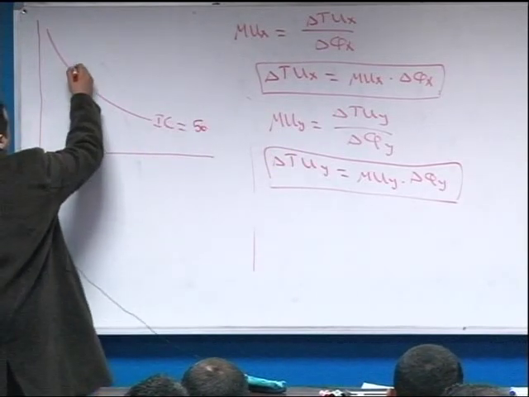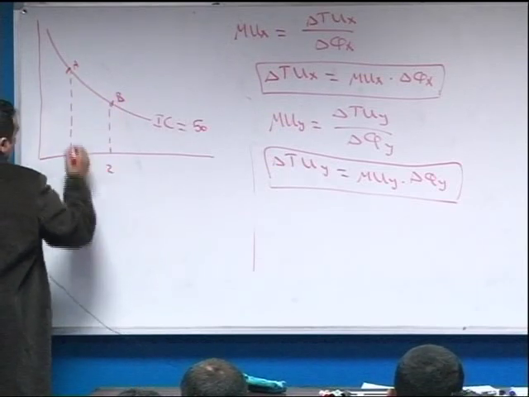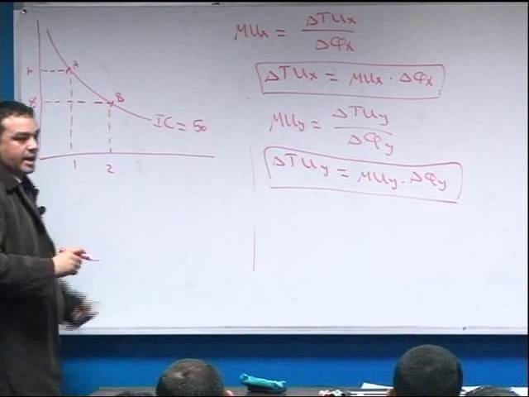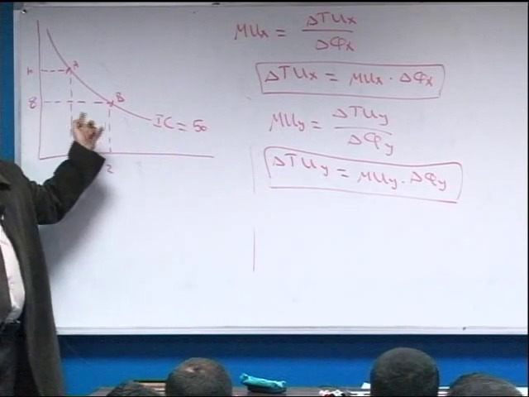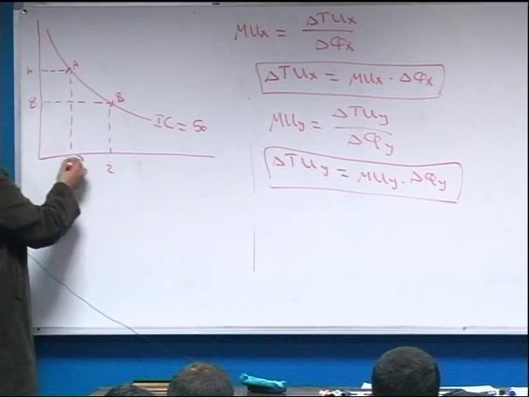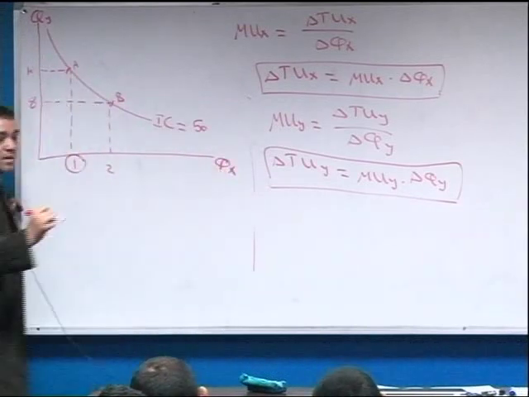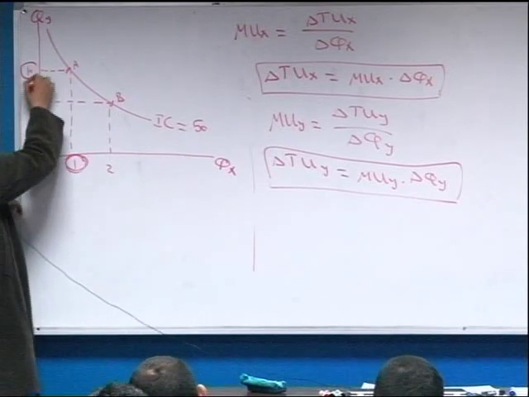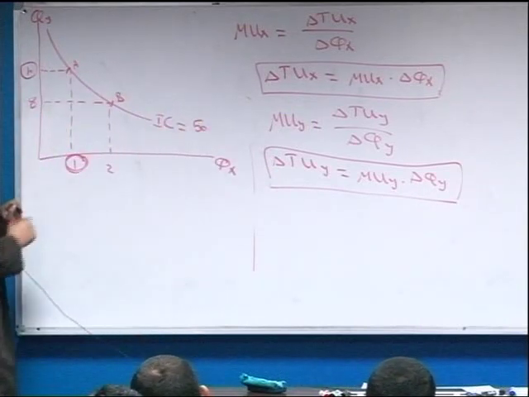And suppose this is point A, point B. As you know, each point along the indifference curve gives the consumer the same total utility. At point A, the consumer consumes 1 unit of X and 10 units of Y, right? And it gives him 50 utils.